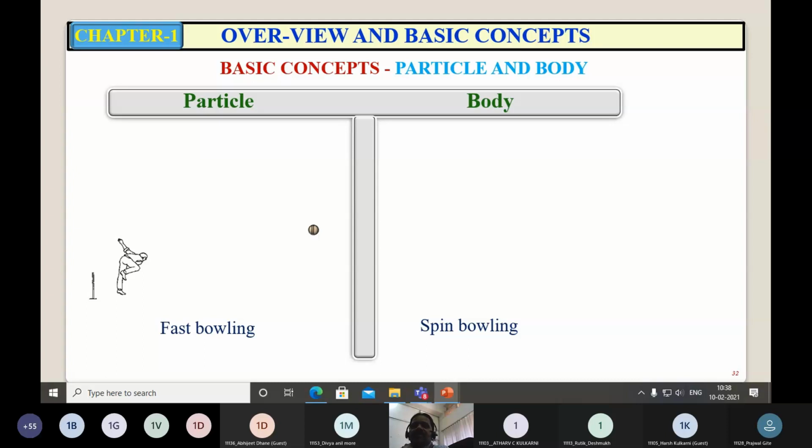The rotation of the ball has a very small effect on that. So we can neglect that rotational effect. That means we are treating that ball as a particle. We are neglecting the rotation.